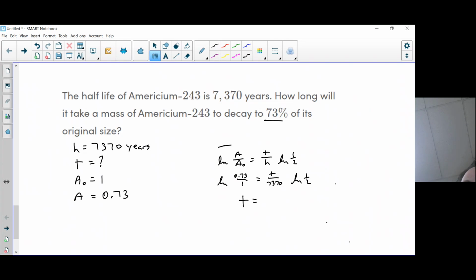I would do the ln of 0.73, divided by 1. Then I'd hit enter. I'd multiply that by 7370 because I'm going to swing the 7370 over here. And then I would divide it by the ln of 0.5 and hit enter. And when you do all that, you get a time of 3,346. And the units have to be the same as h, so it would be years.